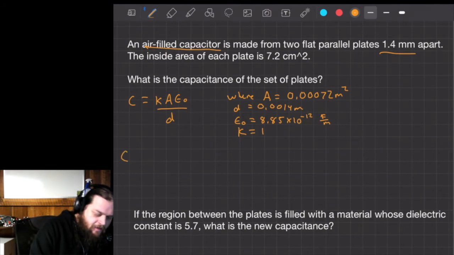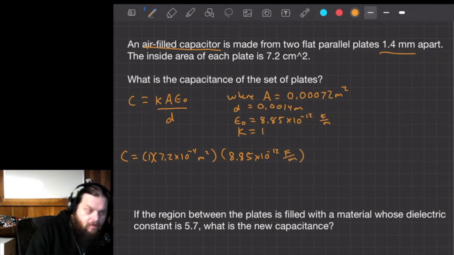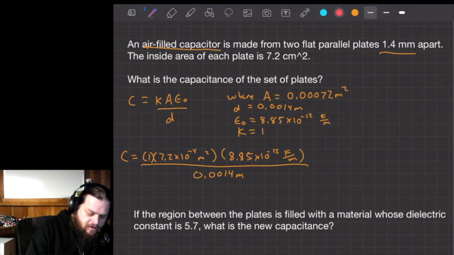So plugging that in, the capacitance would be equal to 1 times 7.2 times 10 to the negative 4 meter squared times 8.85 times 10 to the negative 12 farad per meter divided by 0.0014 meters.